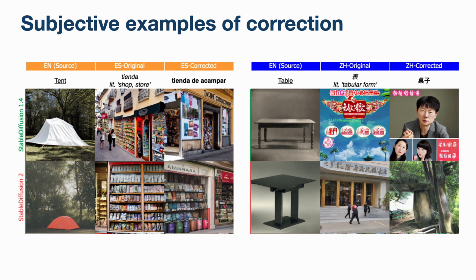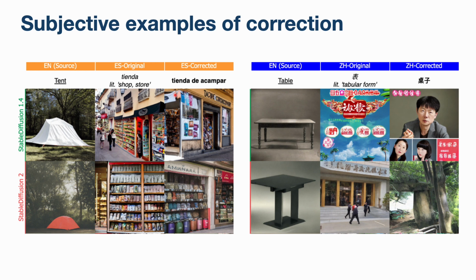So here we have the term tent in English and the term table in English. And we're looking at the Spanish translations of tent and the Chinese translations of table. So here we go from tent to the Spanish language word tienda. And this does relate to tents in general, but it also has this sense that is more predominant that is referring to a shop or a store.